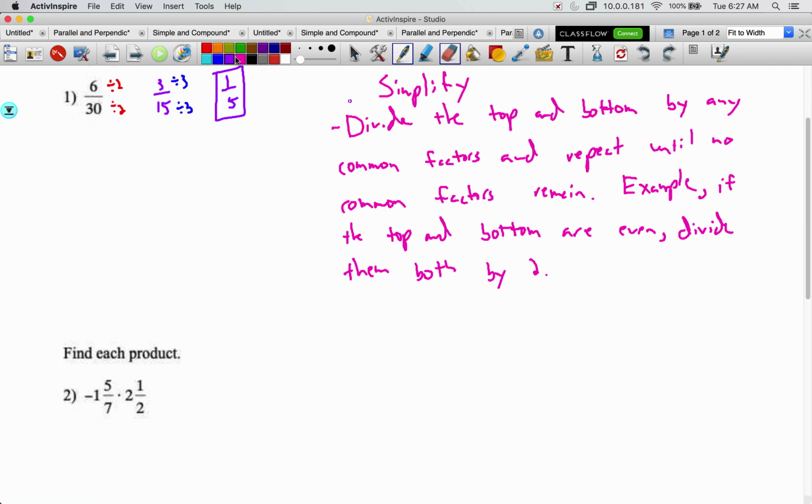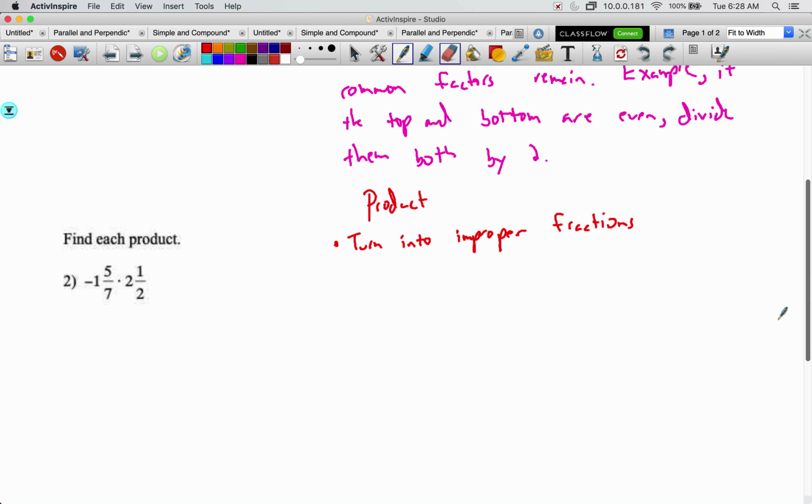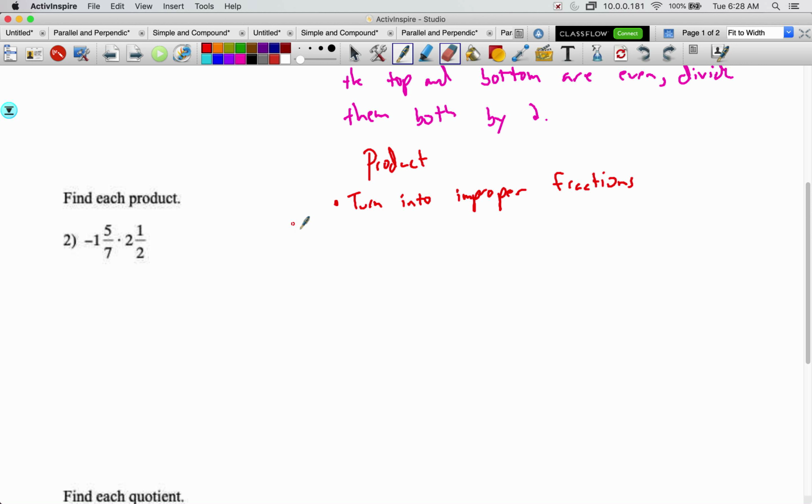All right, next up, let's talk about how to find the product. We're just gonna do this with bullet points. We want to turn into improper fractions if they aren't already. If they're already proper fractions, then we can ignore this step.